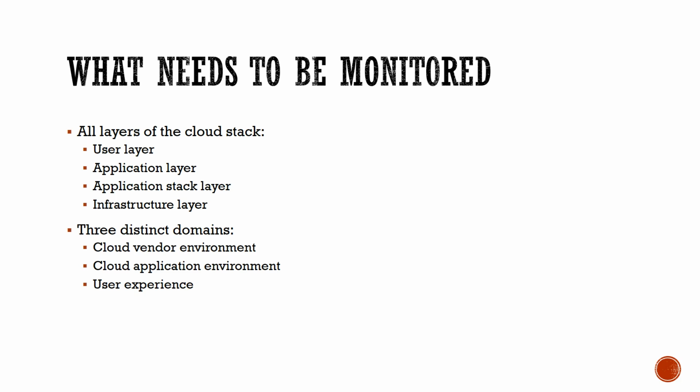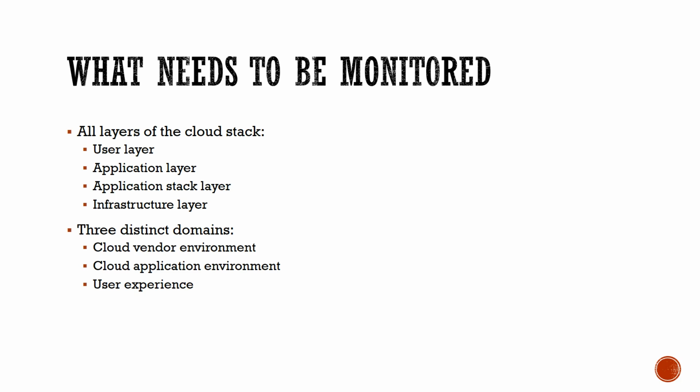Typically, there are 3 distinct domains. The cloud vendor will have a certain domain. The cloud application, for example, Infor CSI, there will be a certain environment that is available for that application. Each time we logged on, we used a certain environment as we were doing our exercises.